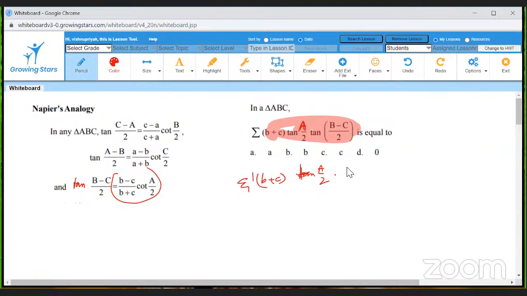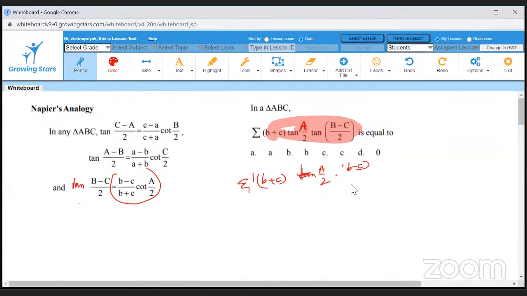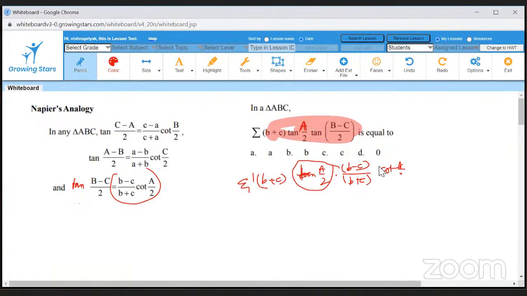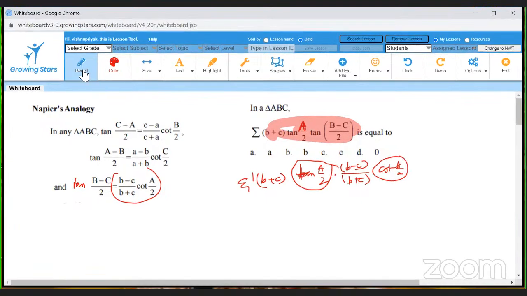Tan (B minus C) by 2 is (B minus C) by (B plus C) cot A by 2. Tan A by 2 and cot A by 2 together will become 1. So what is left is B minus C, because B plus C will cancel.